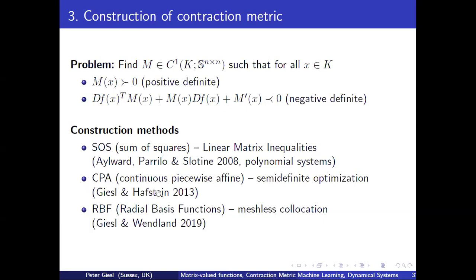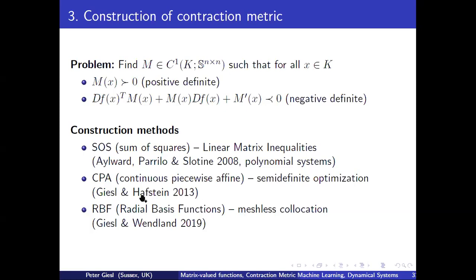A different method that was used is continuous piecewise affine functions. For this method, you take your set K, triangulate it, and try to find M as a function that's affine on each triangle or simplex of your triangulation. You just need to fix the values at the vertices, and these conditions become constraints of a semi-definite optimization problem.